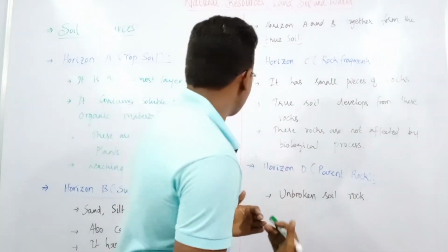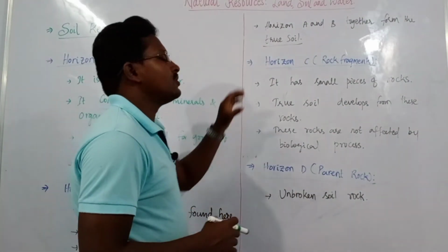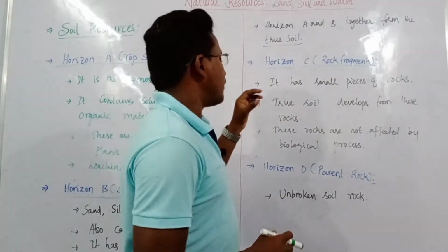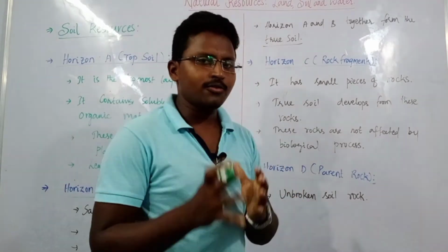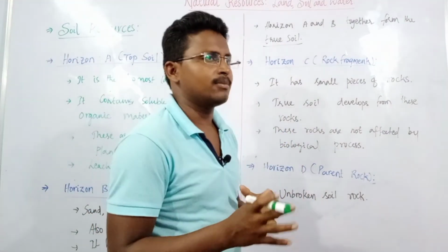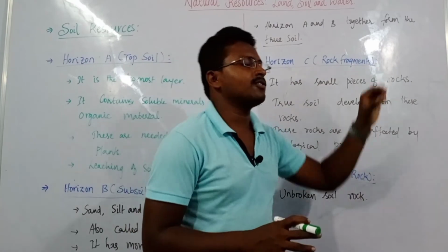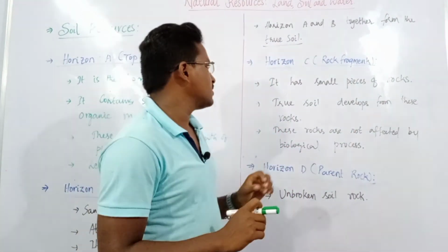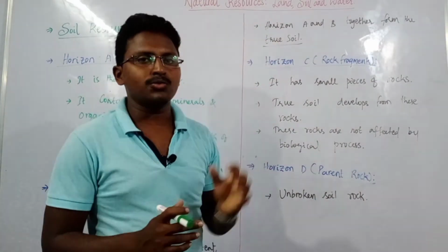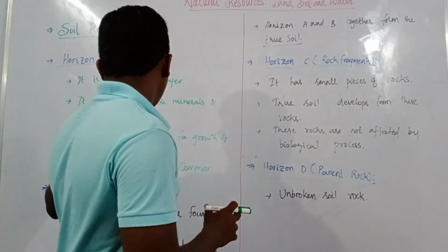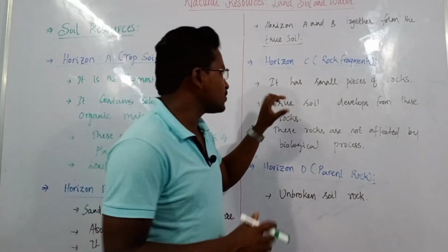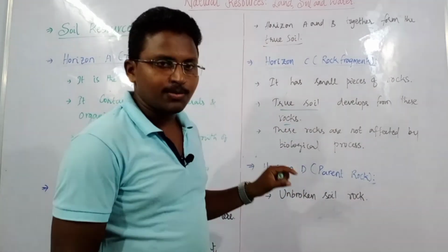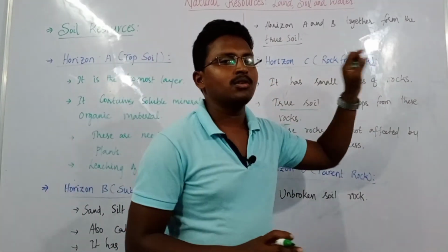Then just below horizon B you have horizon C, which we also call the layer of rock fragments. It has small pieces of rocks, and the true soil, which is horizon A and B combined, develops from these small pieces of rocks.